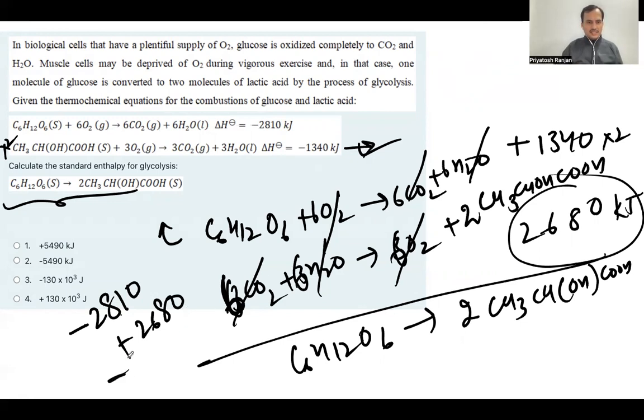It's going to be minus 130 kilojoule. No, not plus, minus 130 kilojoule. Remember, if I have to convert it into joule, it's going to be minus 130 into 10 raised to the power 3 joule. I hope all these questions are clear to each and every one of you.